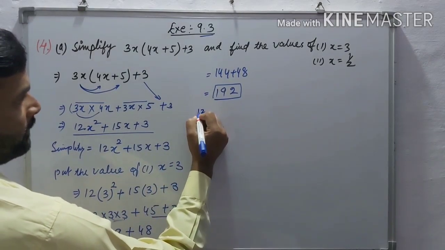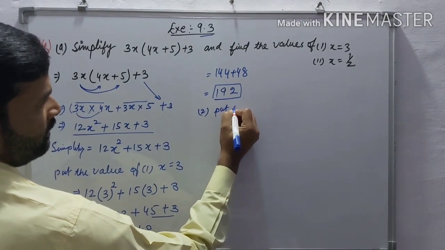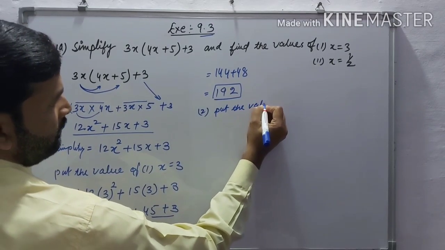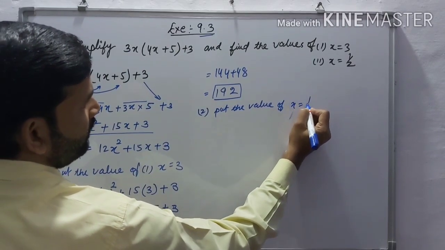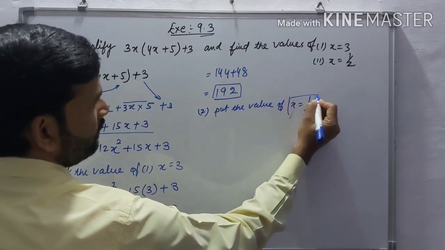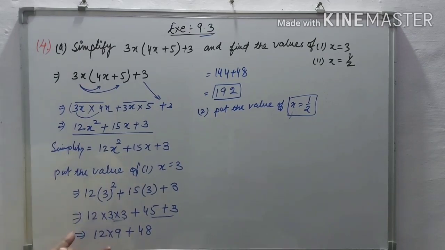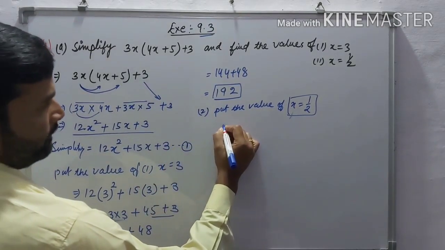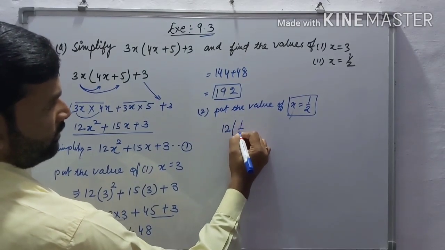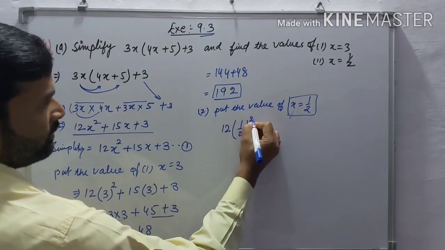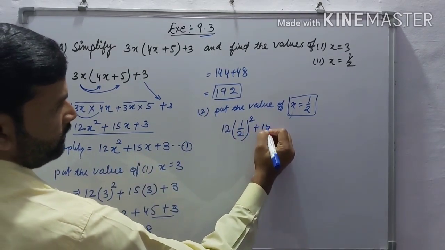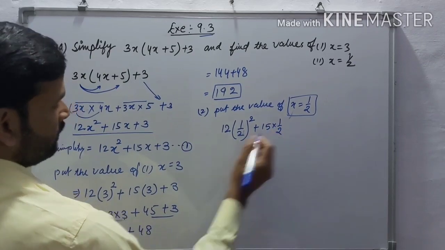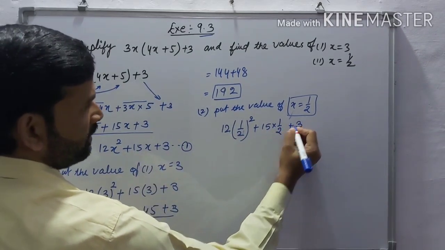And second, now put the value of x as 1 upon 2, in equation 1. Okay, so that is 12 into 1 upon 2 to the power of 2, plus 15 into 1 upon 2 and plus 3.